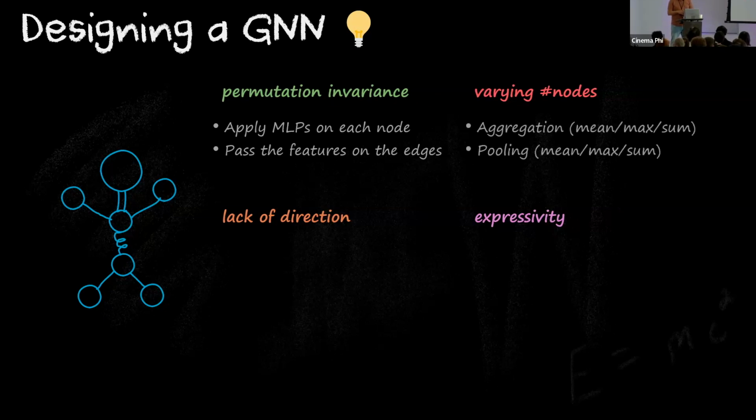For the varying number of nodes, usually we have what we call aggregation. So we do, for example, min, max, or sum aggregation at each neighborhood level. And there's also pooling. It's the same thing, but pooling is at the entire graph level, it becomes one node. Aggregation doesn't transform the graph into one node, it just works at the local level. But it's two words to say the same thing.